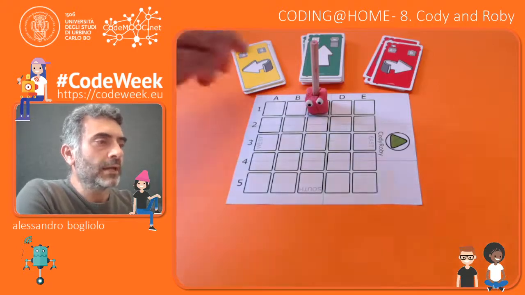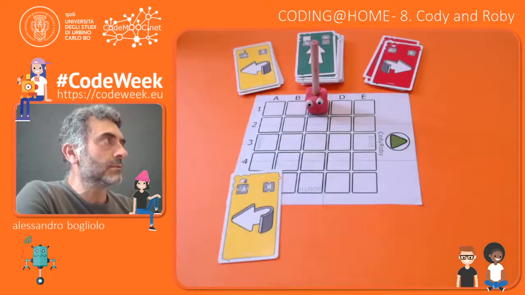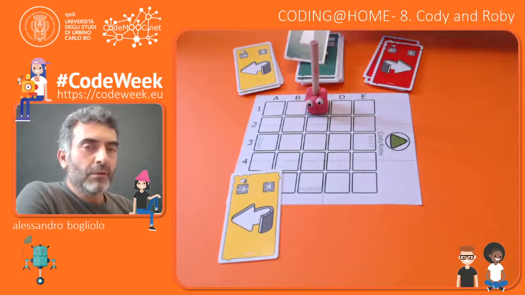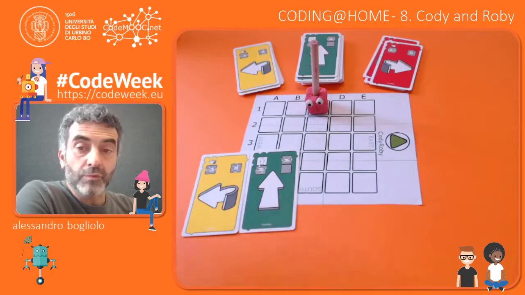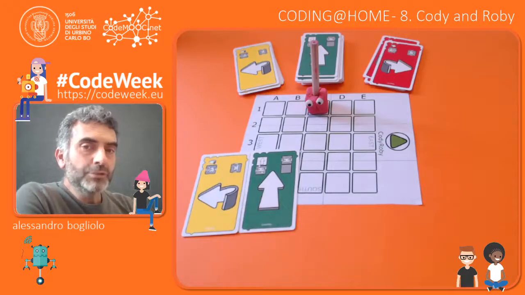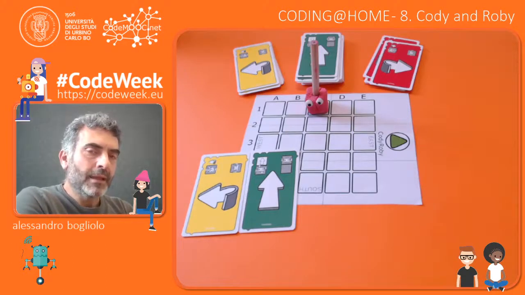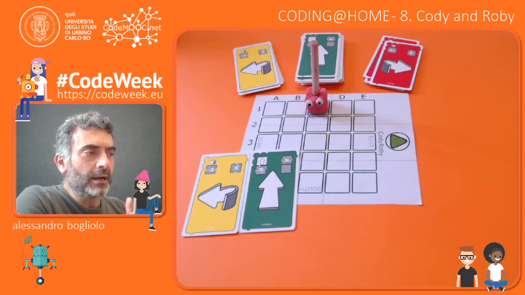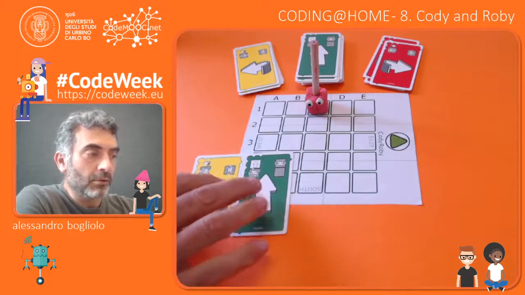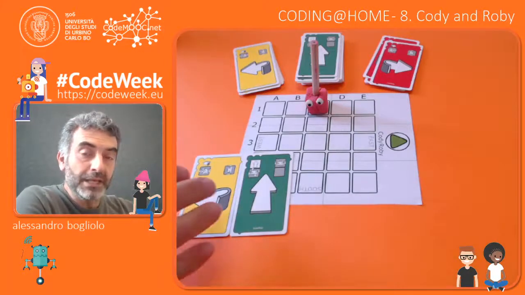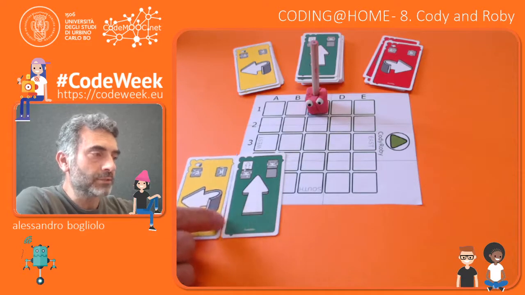So I can add an instruction here, and you add another one, and we can keep making our program as long as we can, as if we were programmers. This is quite hard because we have to figure out where the robot would be if it was executing our instructions.